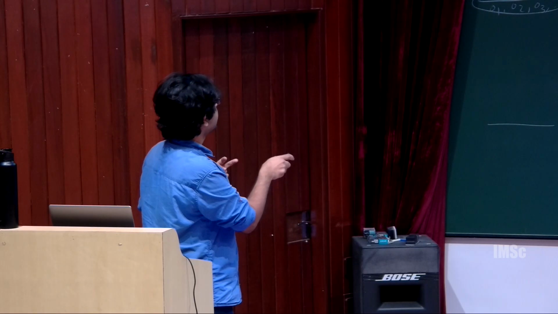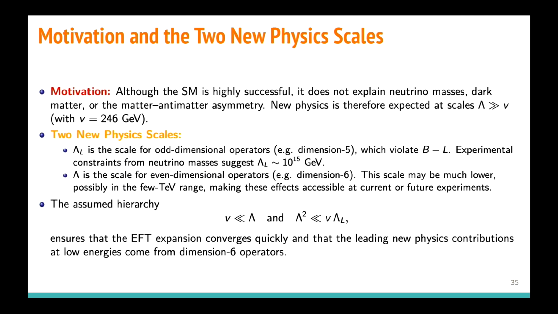We can motivate lambda L as the scale for odd dimensional operators, for example dimension 5 operators which violate B minus L. The experimental constraints from neutrino masses suggest that lambda L would be of the order of 10 to the power 15. But there is no a priori reason to believe that the theory from which we will eventually get the neutrino masses will be the same theory that modifies my weak physics.